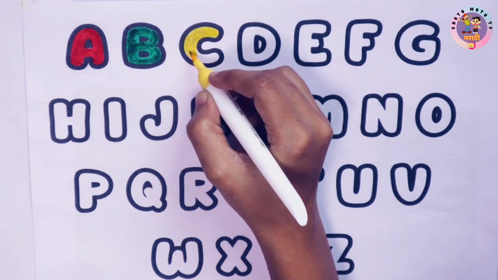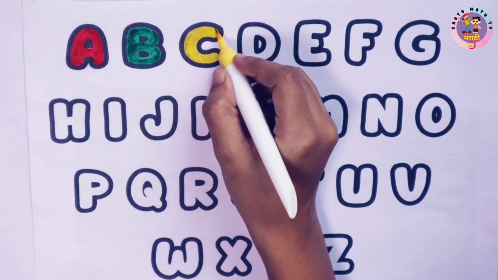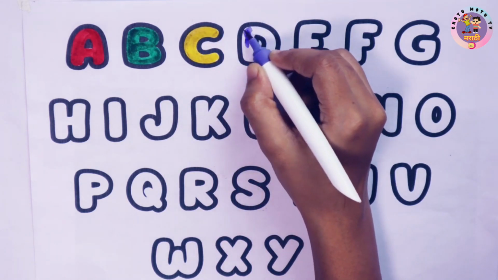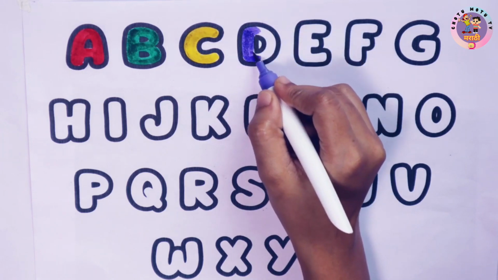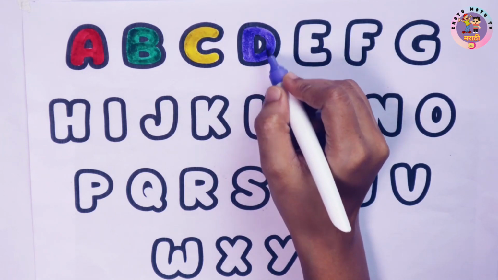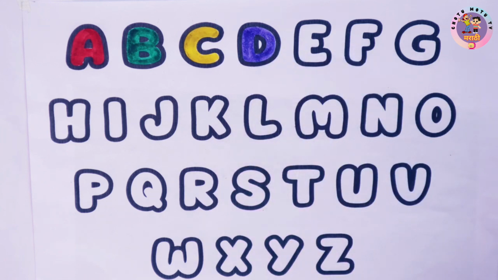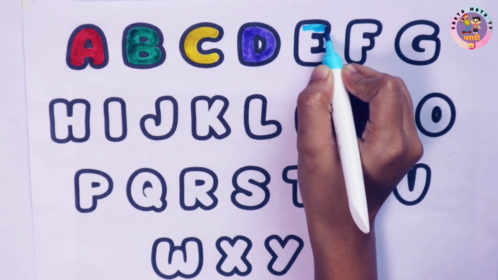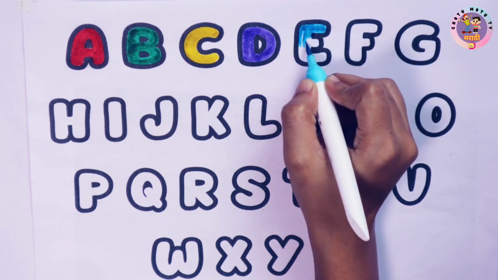C. C for cat. D. D for doll. E. E for elephant.